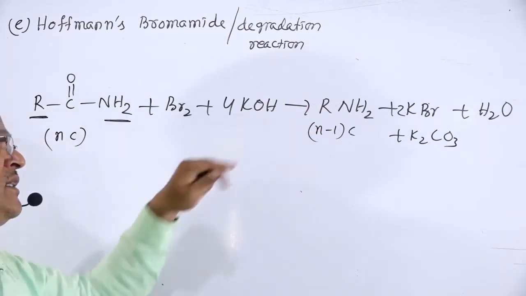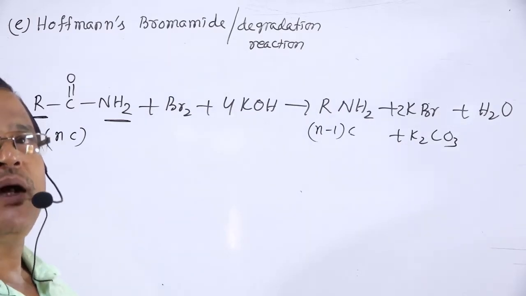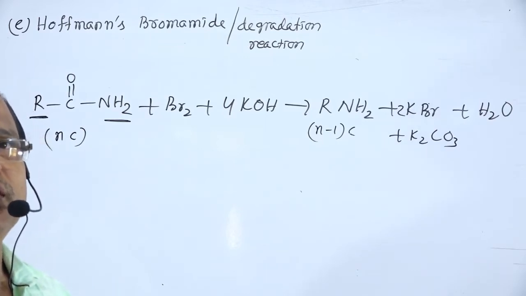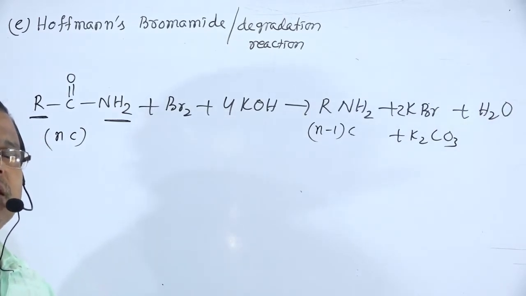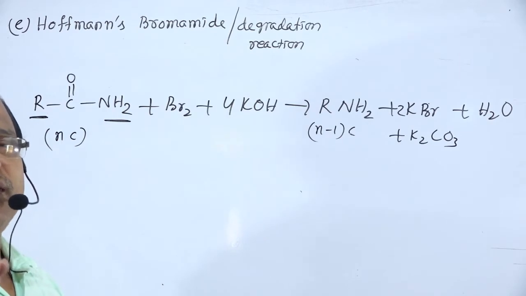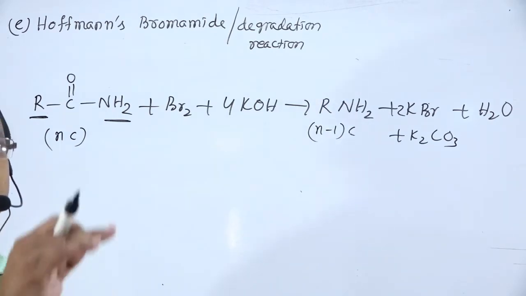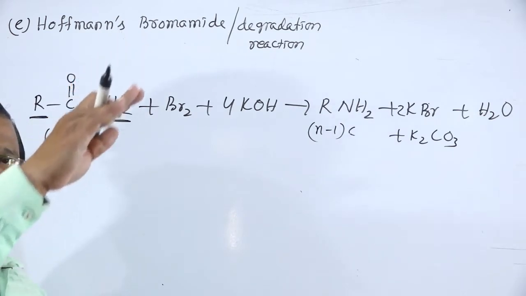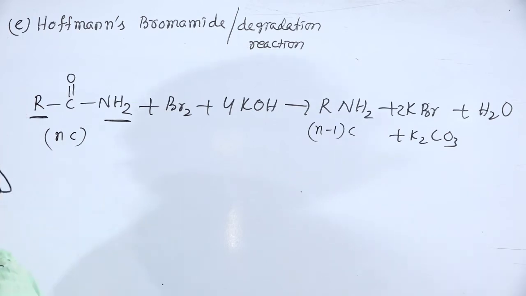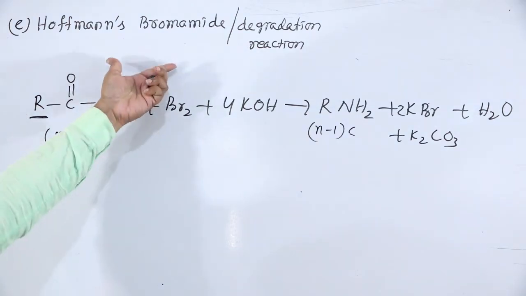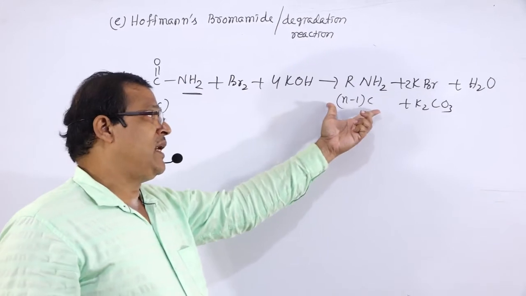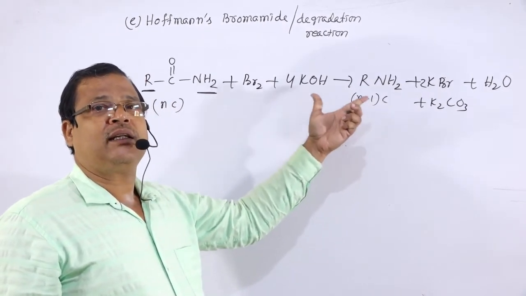Therefore, that reaction is known as Hofmann's bromamide reaction or degradation reaction, and this reaction is used for the synthesis or preparation or conversion whenever there is a requirement of decreasing carbon atoms, that is, descending the series of carbon atoms. This contains n carbon atoms and this contains n minus 1 carbon atoms; the carbon atom decreases by 1 unit.